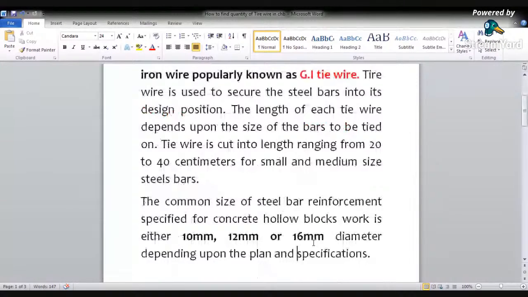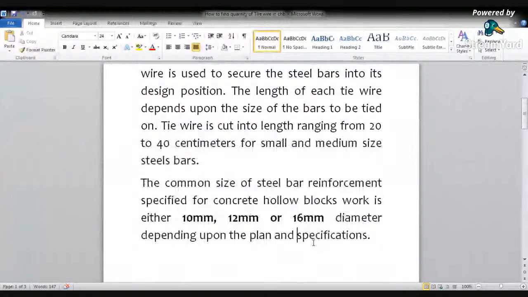The common size of steel bar reinforcement specified for concrete hollow blocks work is either 10 mm, 12 mm or 16 mm diameter, but it depends upon the plan and specification. So what is the specification written in the plan? You should follow what size of rebars to use, if it is 10 mm, 12 mm or 16 mm.